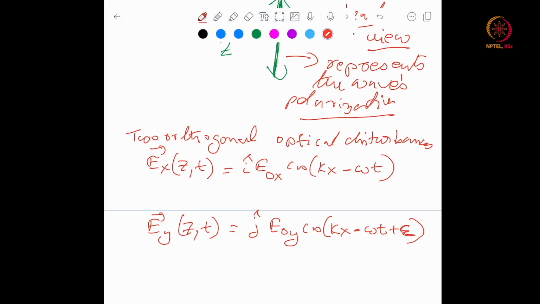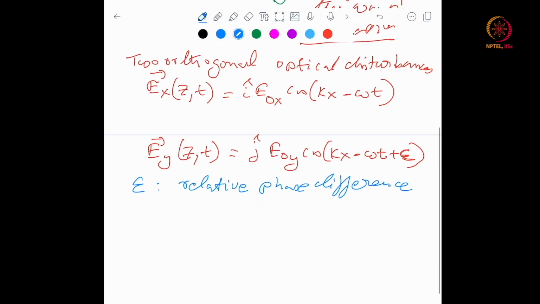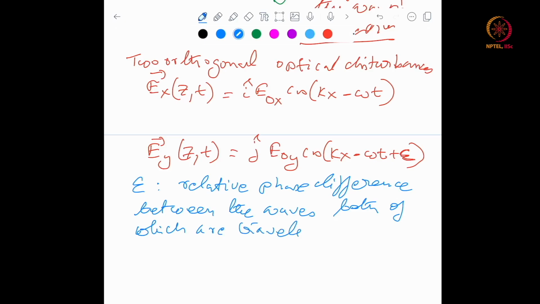So what is epsilon over here? Epsilon is equal to the relative phase difference between the waves, both of which are traveling in the Z direction.